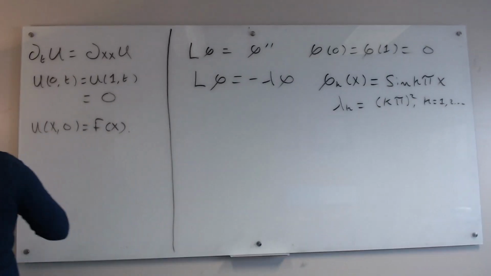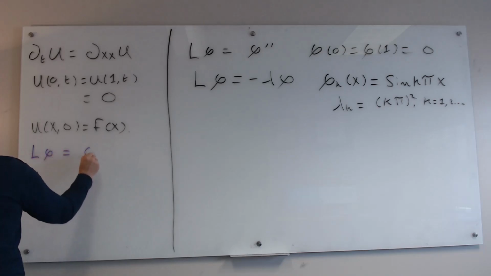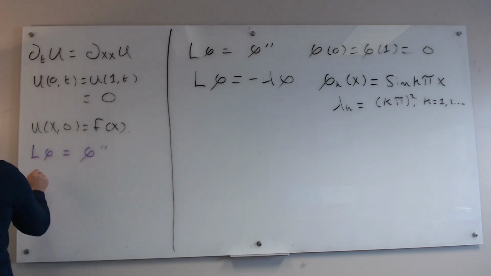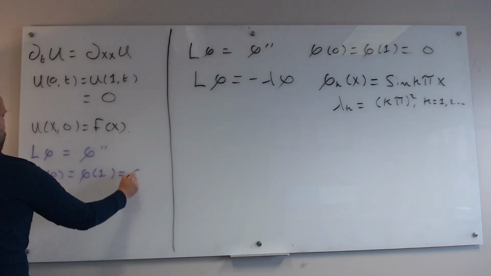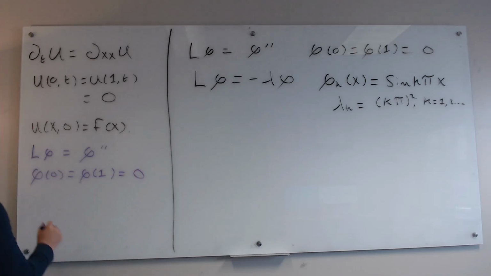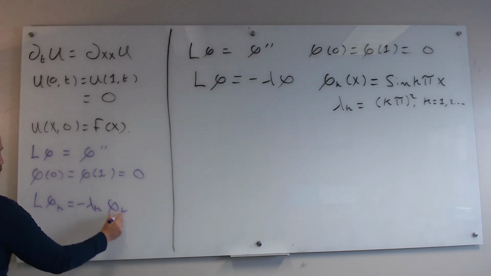I'm going to say if I define this operator, L phi is equal to phi double prime, and I have these boundary conditions, phi of 0 equals phi of 1, they're both equal to 0, then I'm going to get these eigenfunctions that satisfy L phi k is equal to minus lambda k phi k.